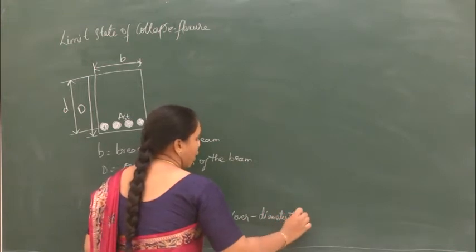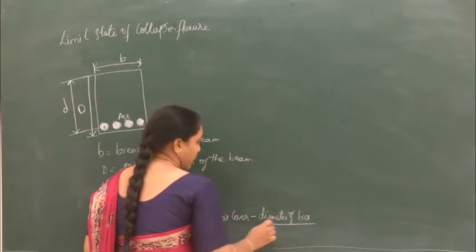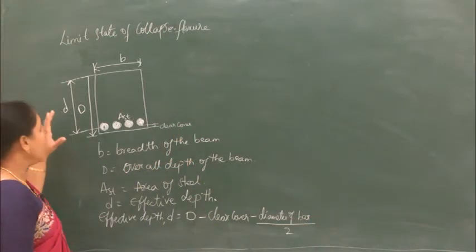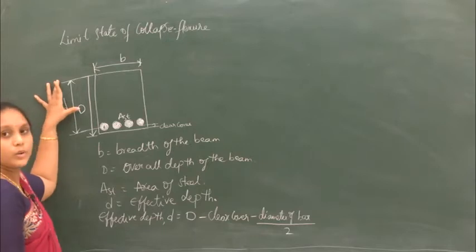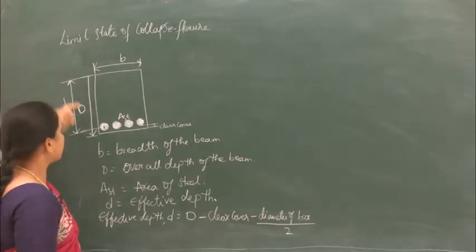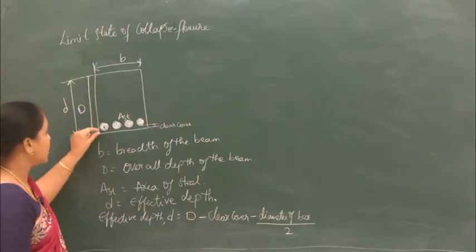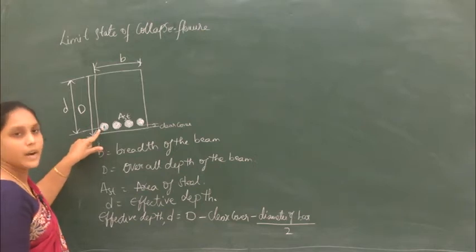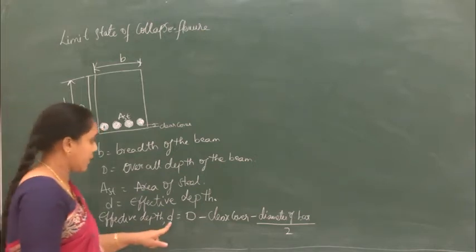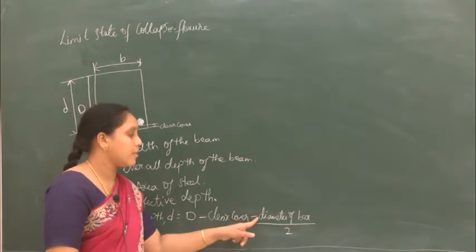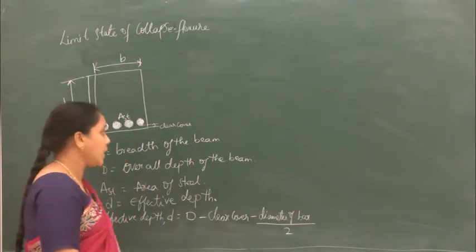So why? d is the distance from the topmost fiber to the center. So overall depth minus the clear cover minus the diameter divided by 2 will give you the effective depth d.